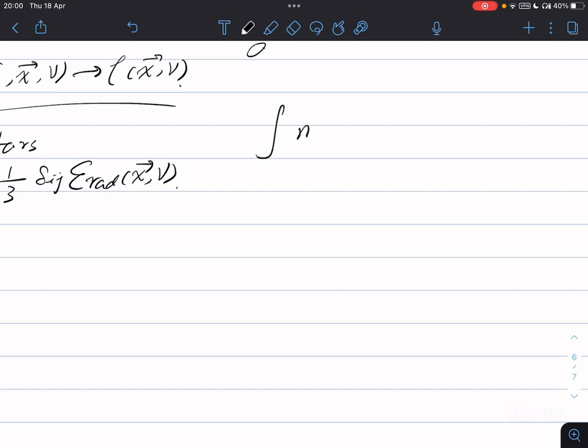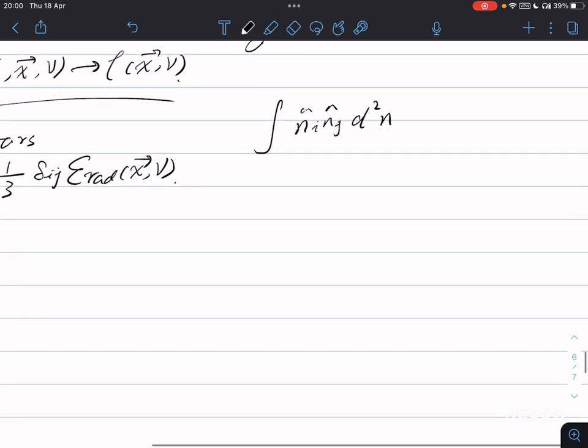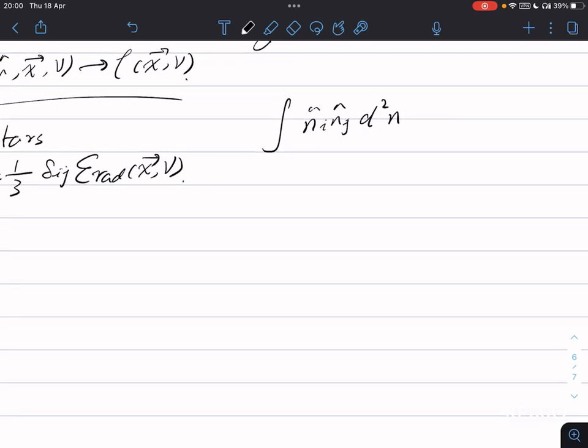This integral of n_i n_j dΩ vanishes when i does not equal j. You can easily verify it by calculating nx, ny, nz. Just calculate each integral. Here we just perform one example, nx and ny.